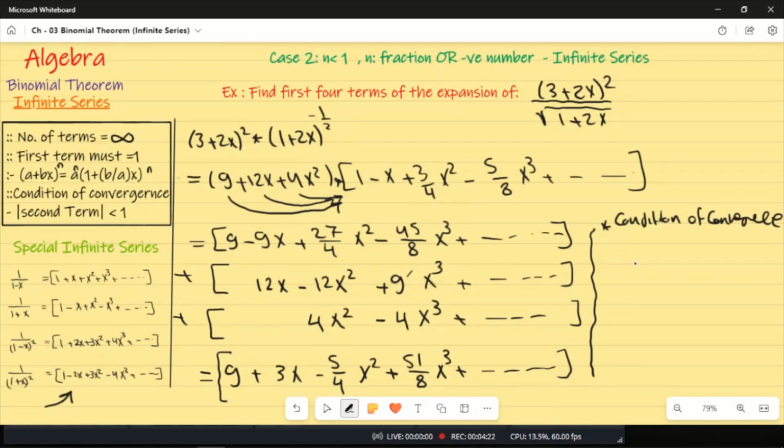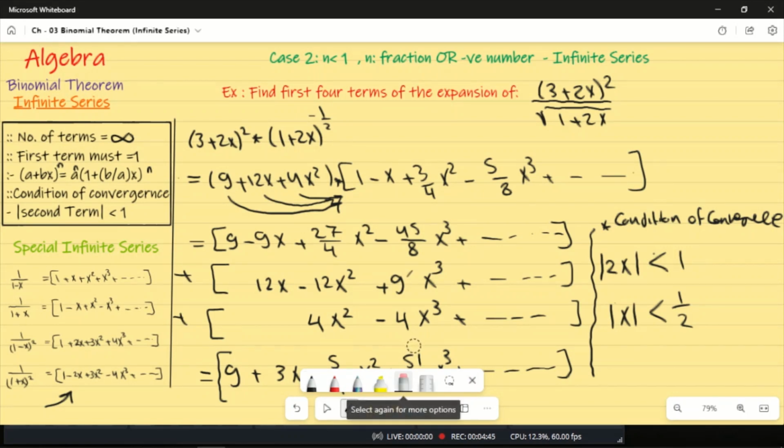Here we have absolute 2x less than 1, so absolute x less than half. Okay, let's move to another example.